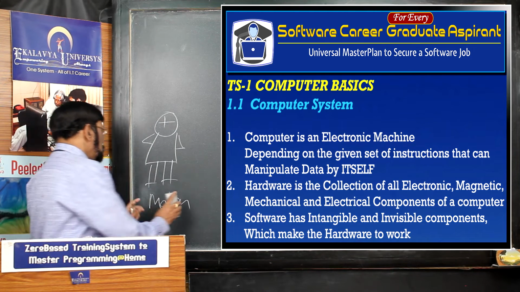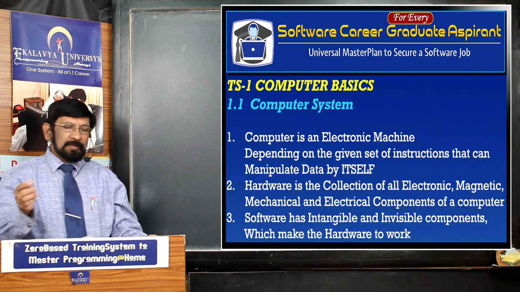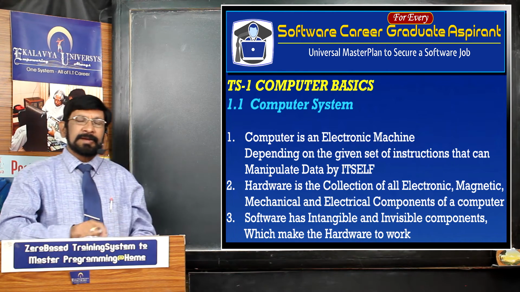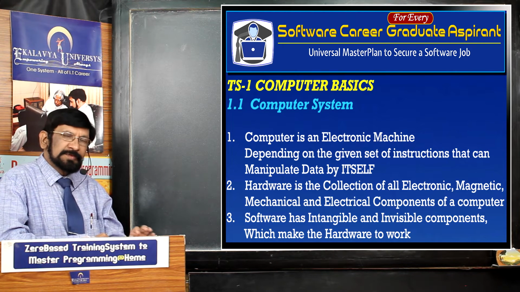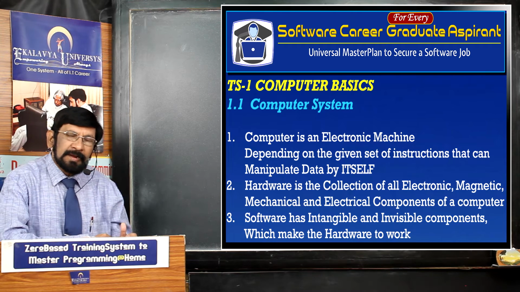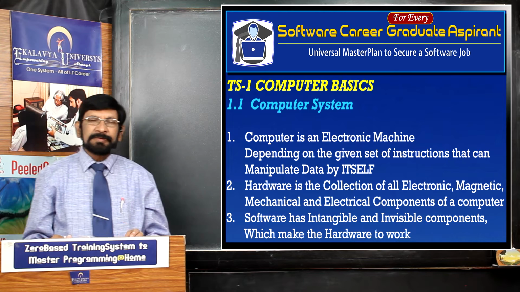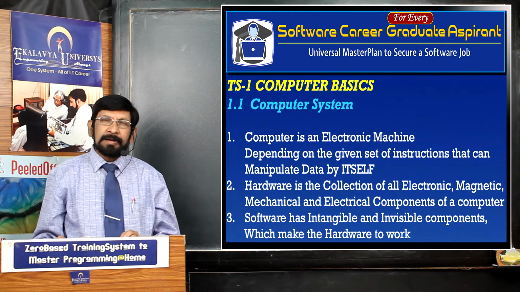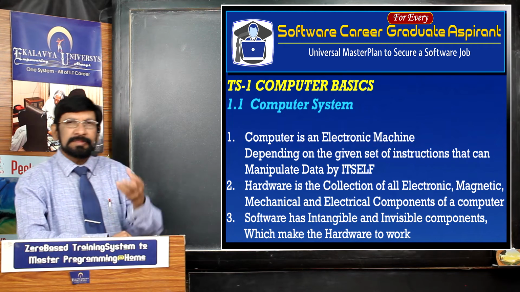Okay. Now I have explained all the elements in the computer system. Now I give you some technical information. What does hardware mean? There are four types of elements in the computer.